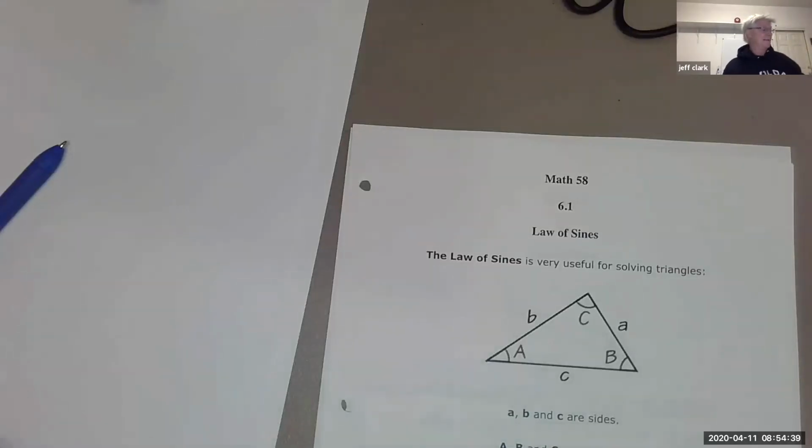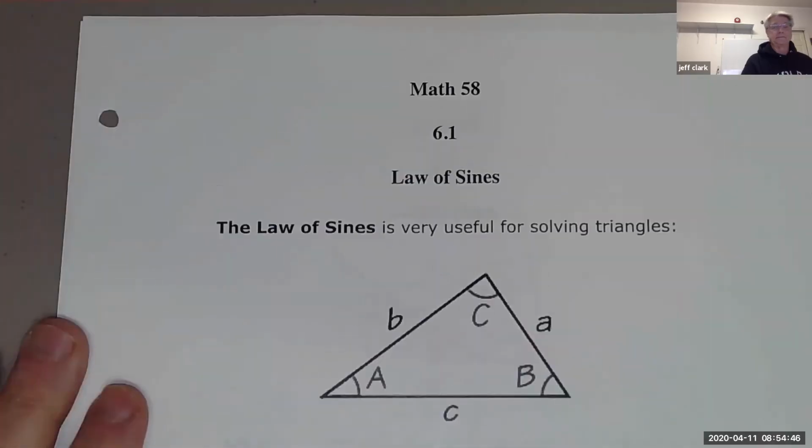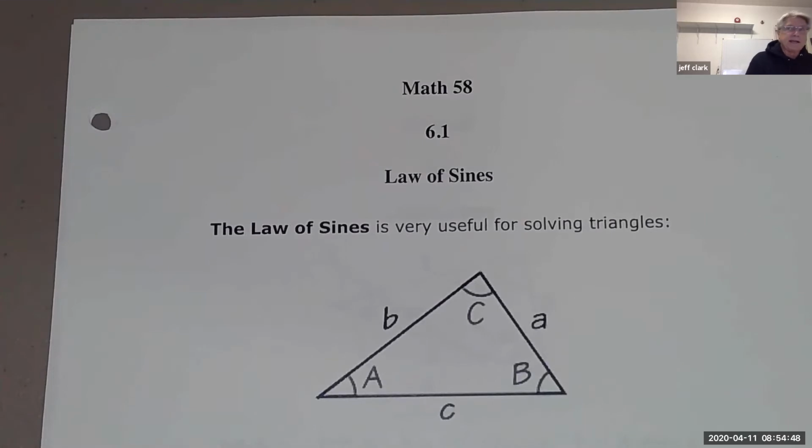Let me share my screen with you. So, the law of sines. The way I'm going to draw my triangles, I'm going to try to stay with what the textbook does. There are going to be 3 angles and 3 sides, of course.